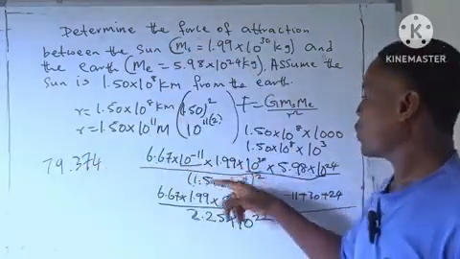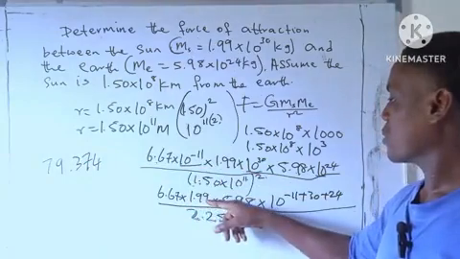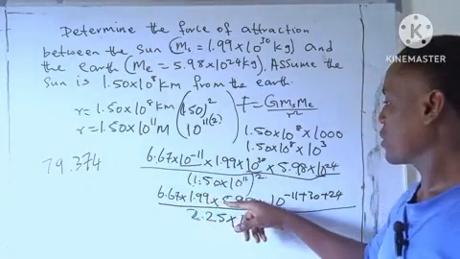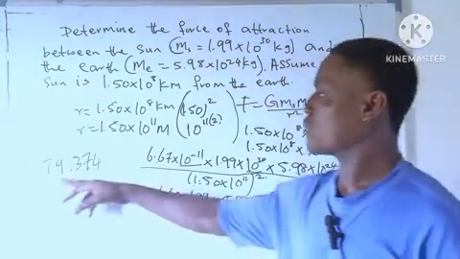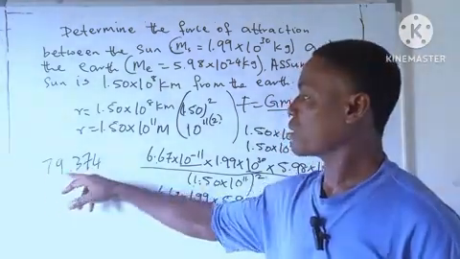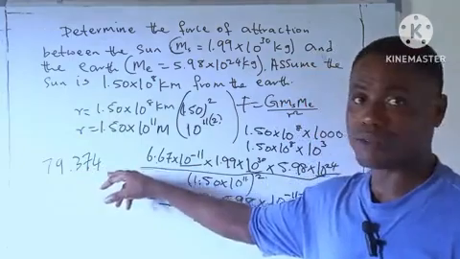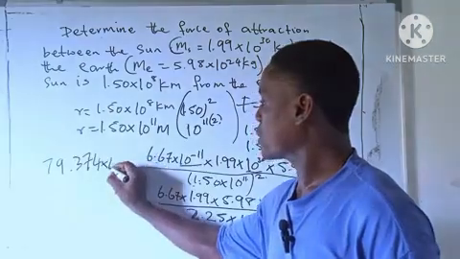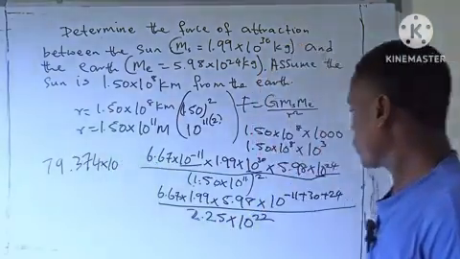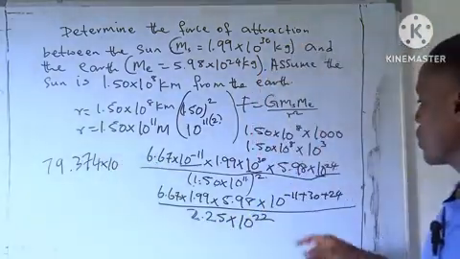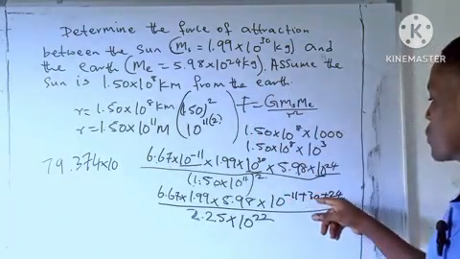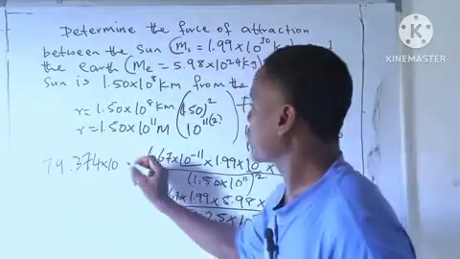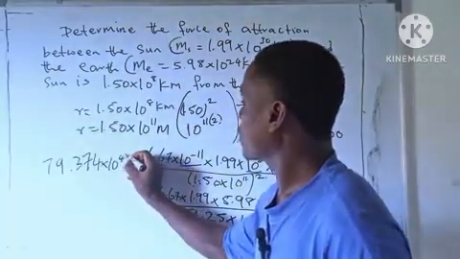So if you multiply all this, 6.67 multiplied by 1.99 times 5.98, it will give us 79.374. Are you getting it? Then we multiply by 10 raised to power. If you press your calculator, minus 11 plus 30 plus 24, it will give us 43.